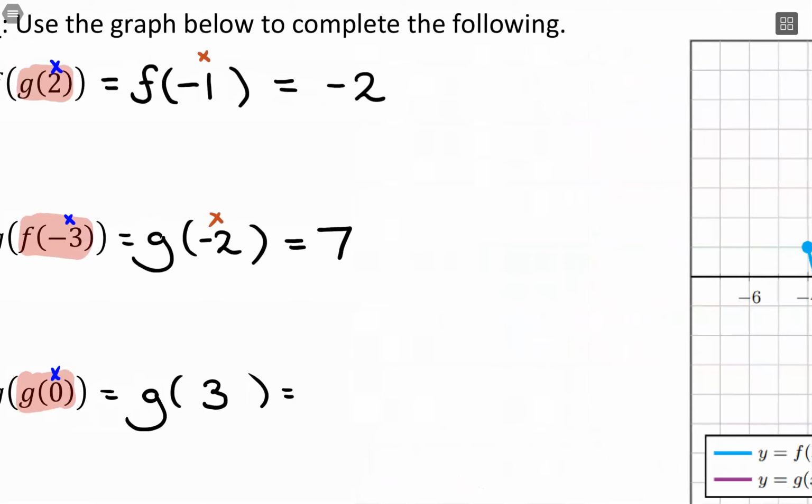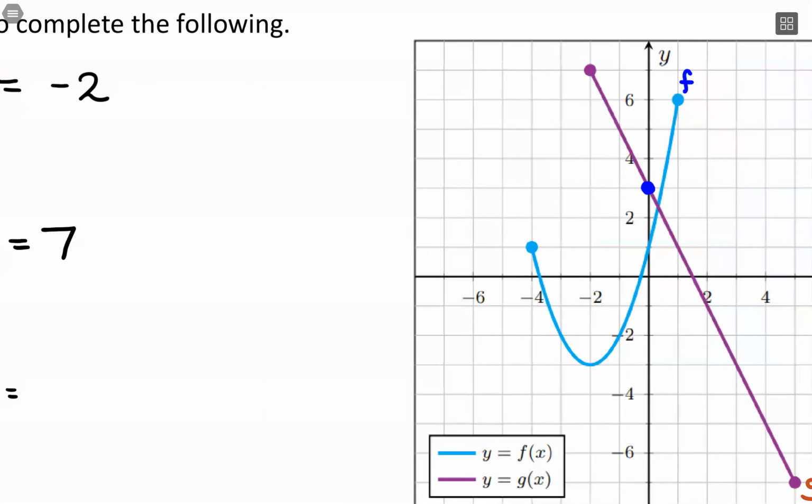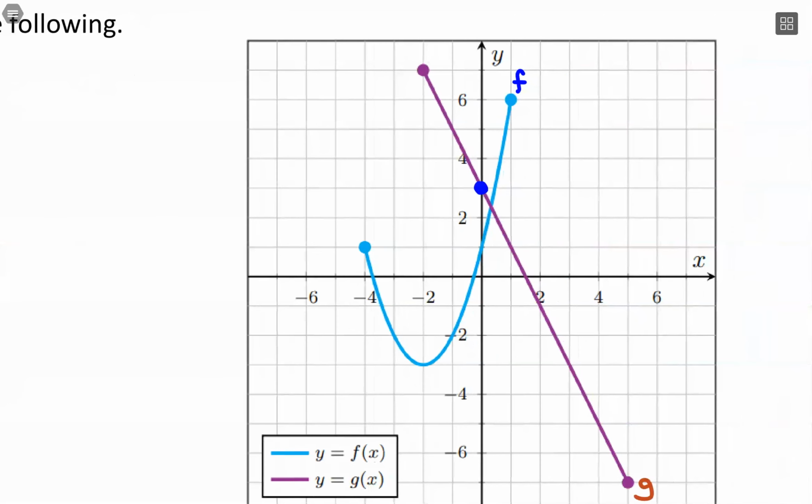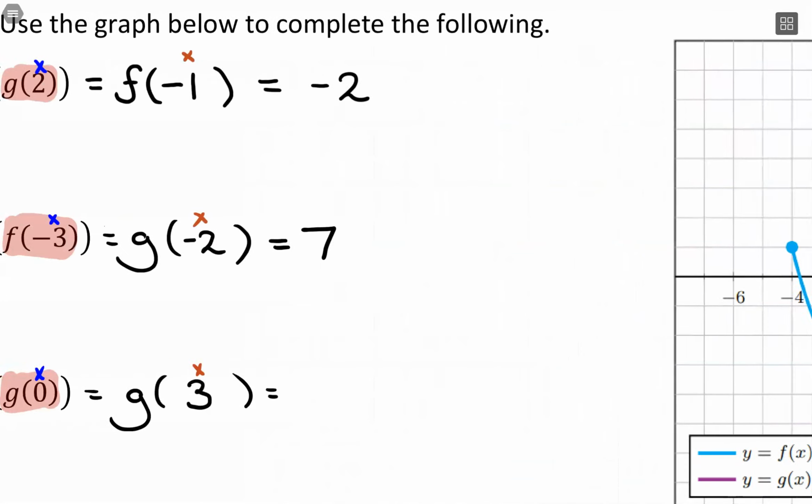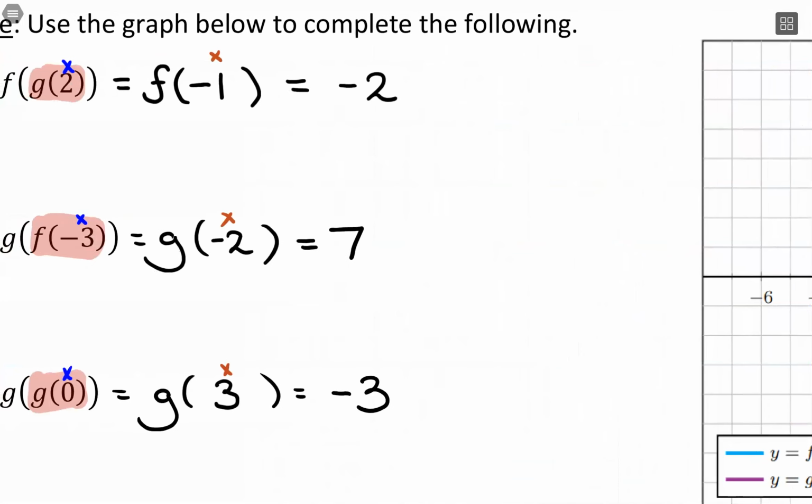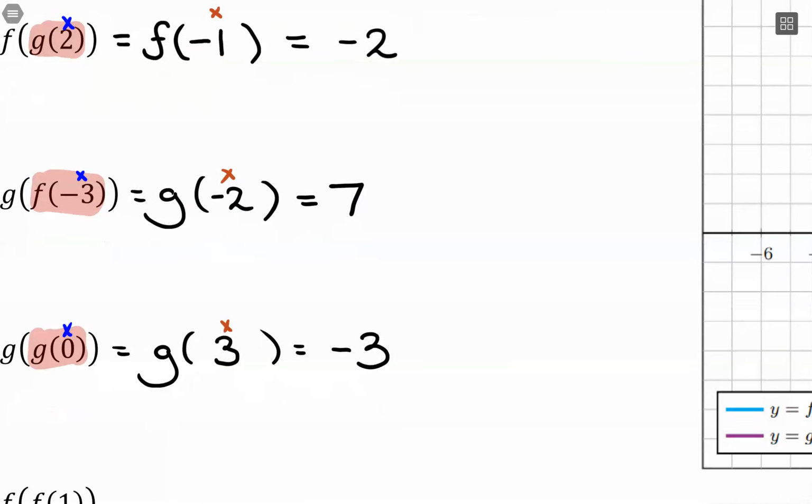And then with g of 3, I'm looking at x equals positive 3, and where's g of x? It's all the way down here at negative 3. So in the end here, we're grabbing the y values of these coordinates because that's the output of these functions.